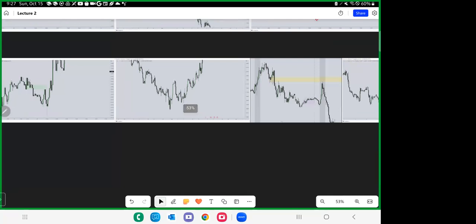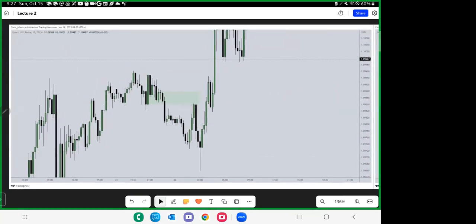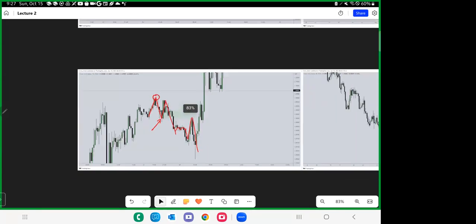All right. Few examples of the failure swing or the mitigation block. We can see here, creating that high, back lower, failing to run back above that high, displacement, right? There we go, back inside, and then boom. So that down close candle is our mitigation block.